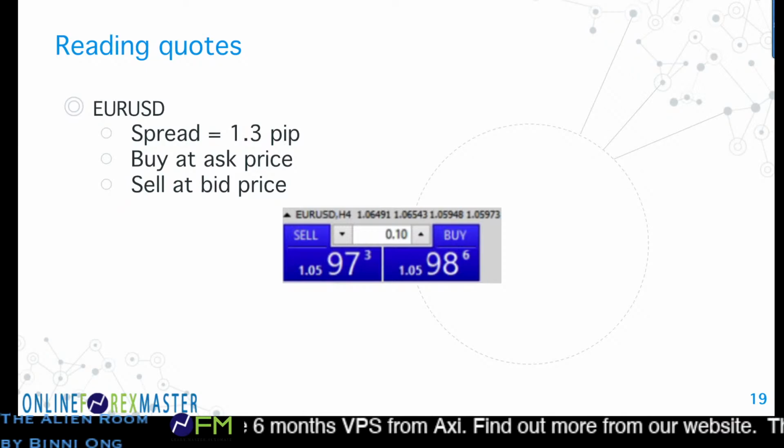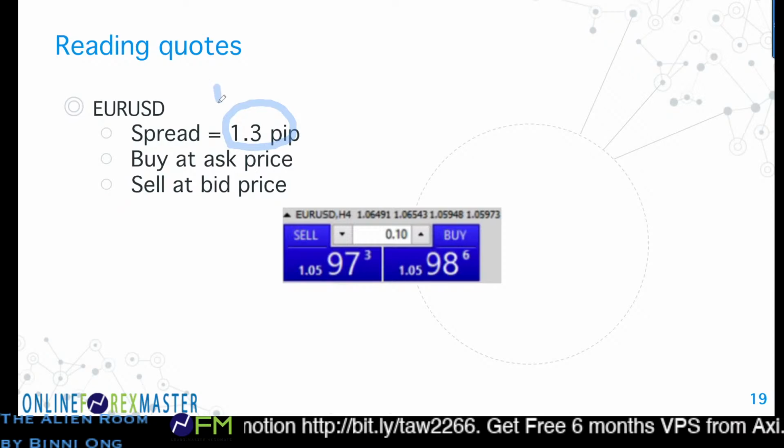However, this spread will increase when the trading volume is not high, or rather when the liquidity is low. Let me go through the details here. Most of the time for euro, for example, the spread would be around this number.